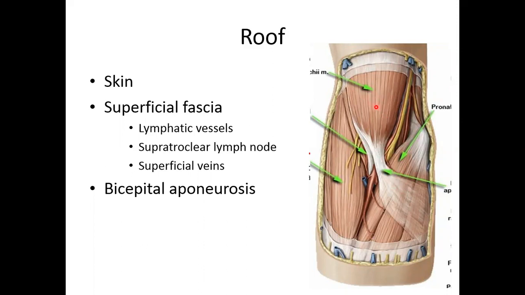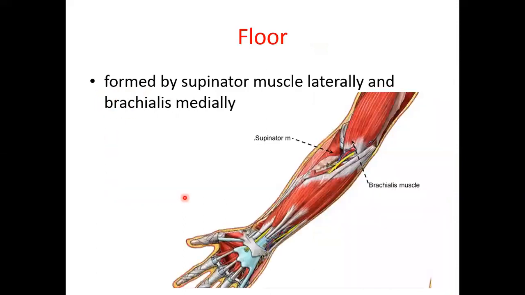This is the bulk of the biceps muscle. This is the tendon of the biceps muscle, while this is the bicipital aponeurosis. So the roof of the cubital fossa is formed by three structures: skin, which is the superficial most, then the superficial and deep fascia, and then the bicipital aponeurosis.